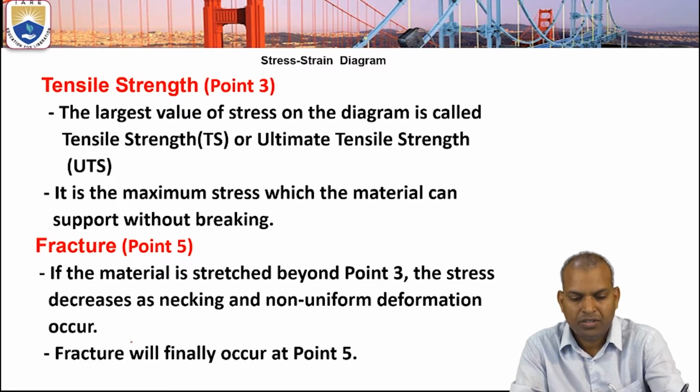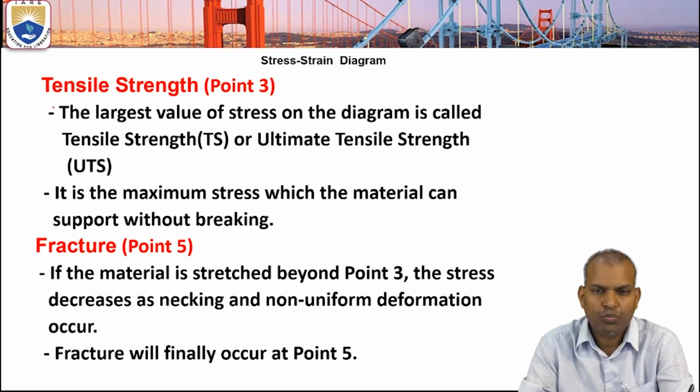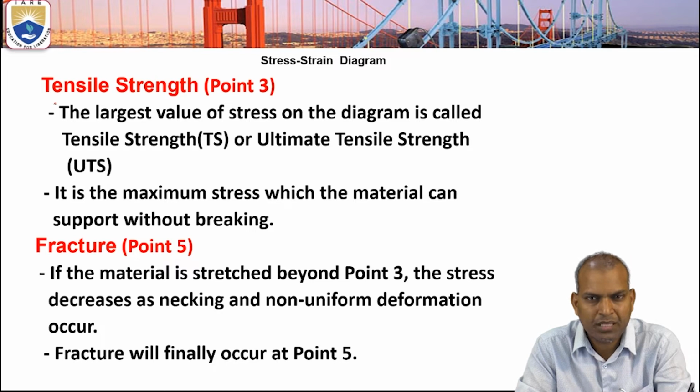Now next, what is the tensile strength of the material? Generally people think that there are various points: yield strength point, ultimate tensile strength, and fracture strength. So which stress value is considered as the tensile strength of the material? The tensile strength of the material is considered at ultimate tensile strength.